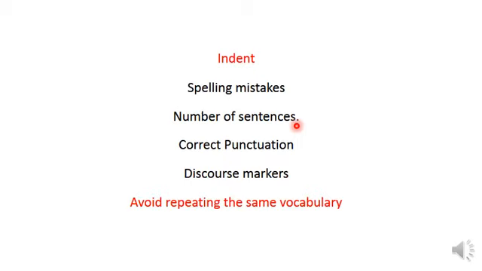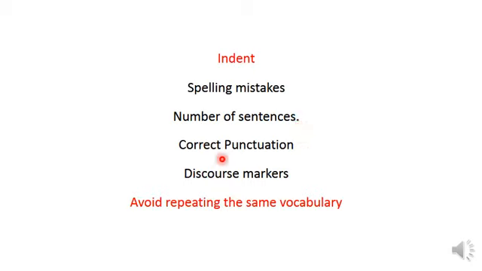Okay? So, comma means just a short stop, not full stop. So, you have to count how many full stops you have in your paragraph. In order to count the number of sentences, you have to know that the number of full stops that you have represent the number of the sentences.